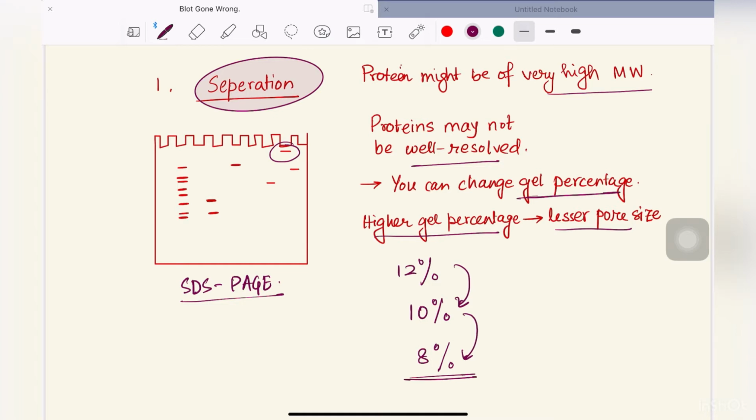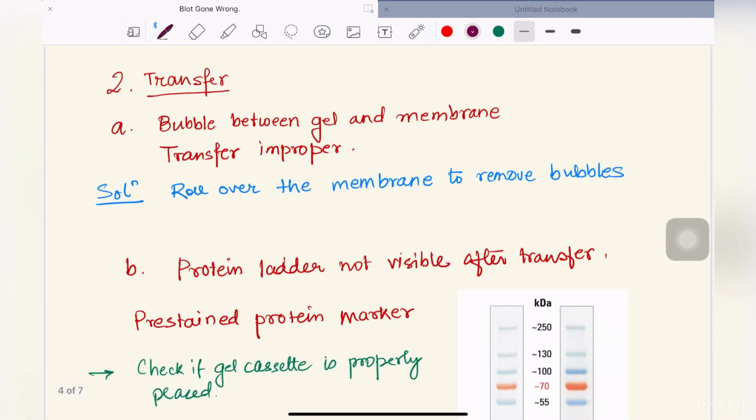Next, what may go wrong in the next step, that is transfer. In case of transfer, the very first thing we have to keep in mind is to place the gel and the membrane so that there is no bubble between the gel and the membrane.